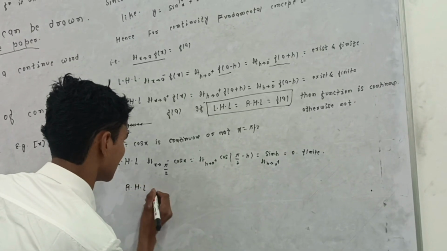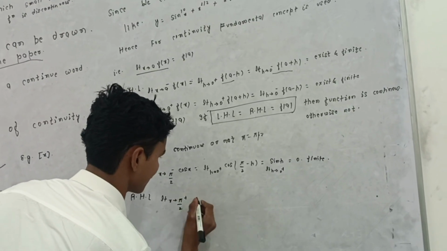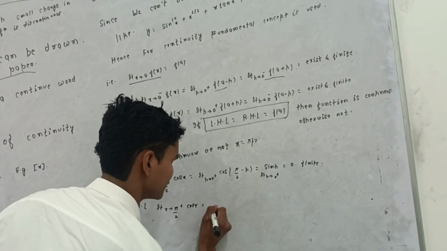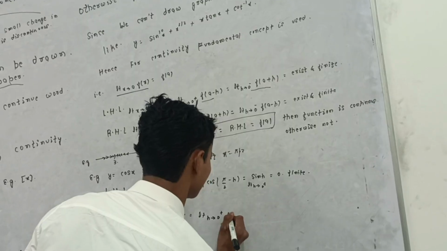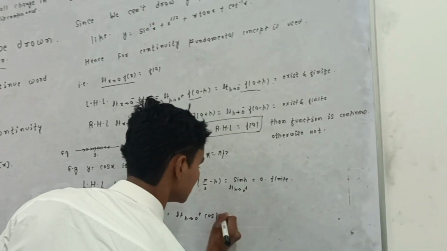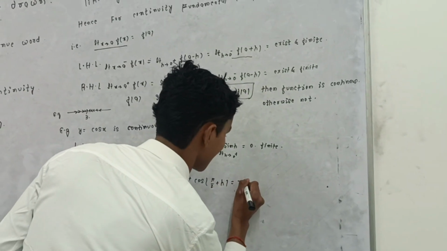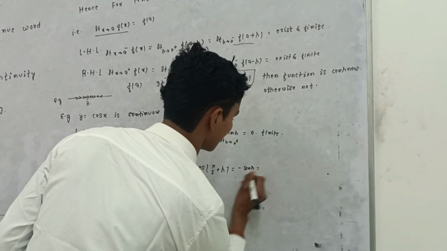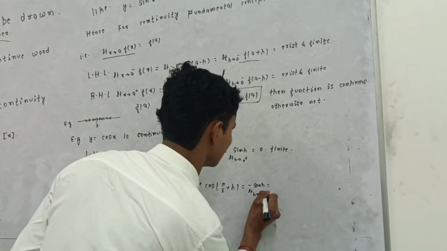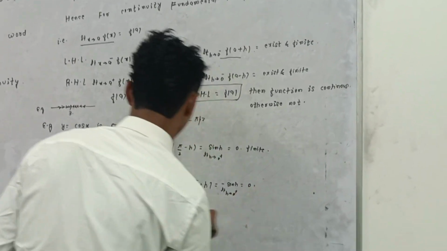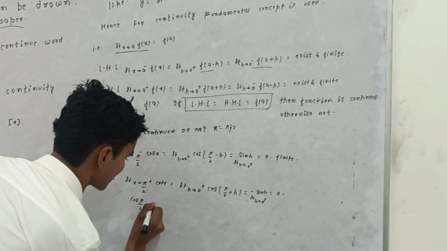Right hand limit: x tends to pi by 2 plus cos x, limit h tends to 0 plus cos(pi by 2 plus h) is equal to minus sin h, limit h tends to 0 plus, is equal to 0, and the functional value cos pi by 2 is also 0.